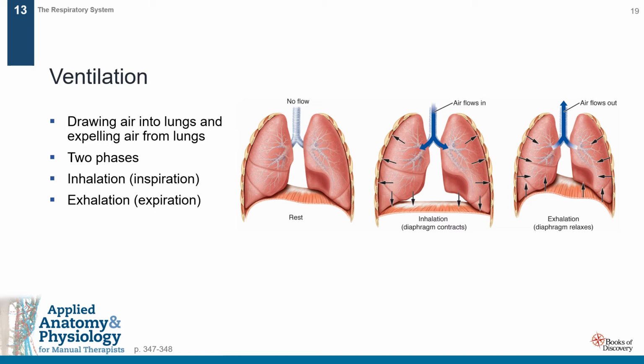When the diaphragm contracts, the center of the muscle is pulled inferiorly into a flattened position. This increases the size of the cavity, producing inhalation by decreasing the air pressure within the lungs.